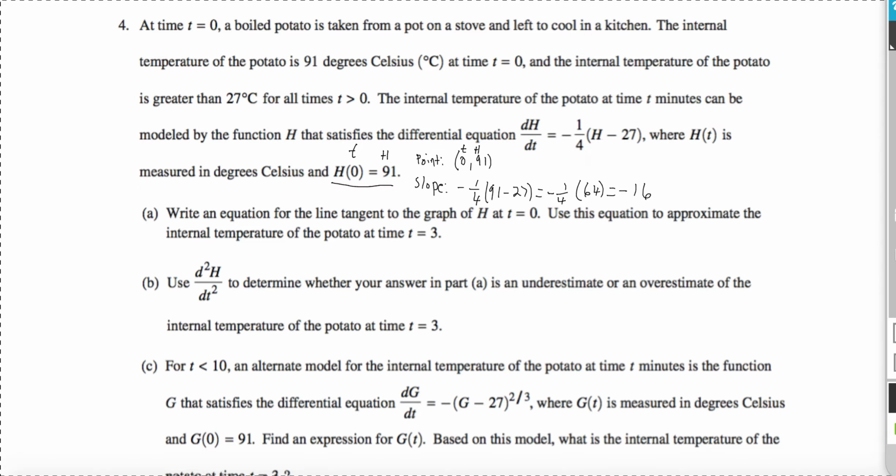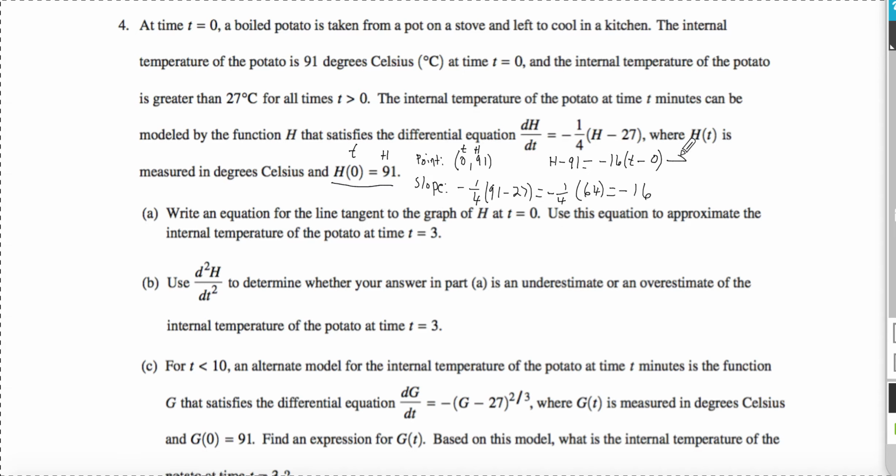If we back up for a second, this is going to be h minus h1, which is 91, equals m, my slope, which is -16, times t minus t1. There is the equation of my tangent line.